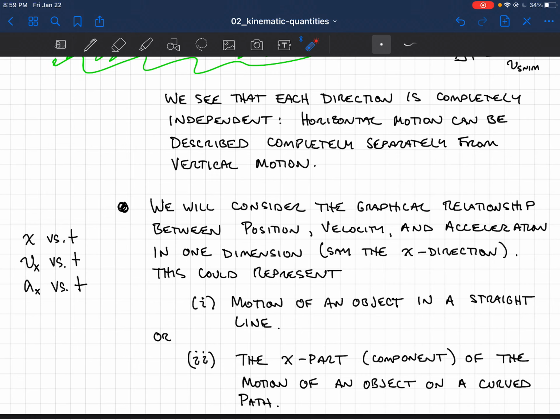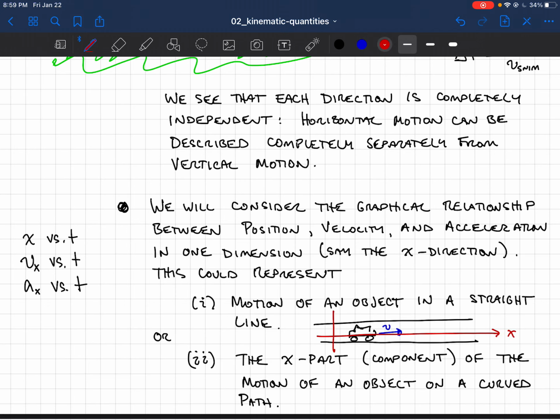So what does that represent when we start to draw x versus time or vx versus time? Well, it could mean that you just have an object moving in a straight line. So maybe you have a road, and you have a car on that road, and that car is moving in this direction, and then we could sort of measure out its progress along the x-axis.